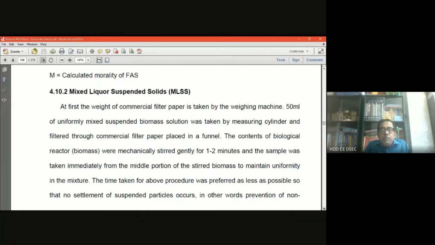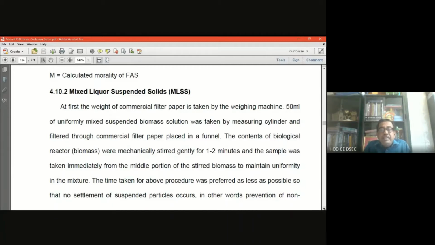There, you properly and uniformly mix the suspended biomass solution. The content of the biological reactor, that is the biomass, is mechanically stirred gently for 1 to 2 minutes, and the sample is taken immediately from the middle portion of the stirred biomass.